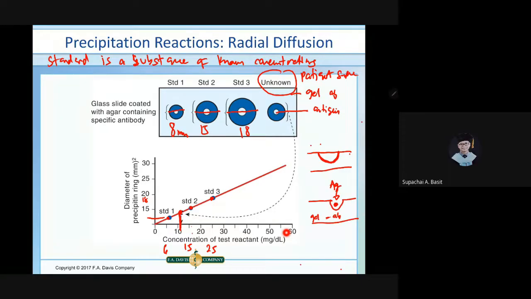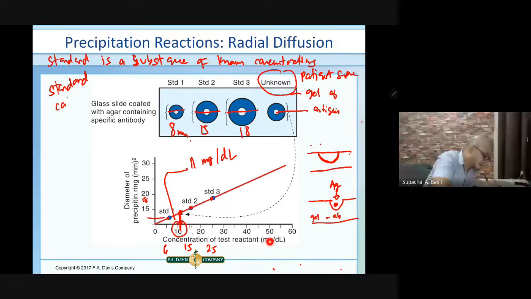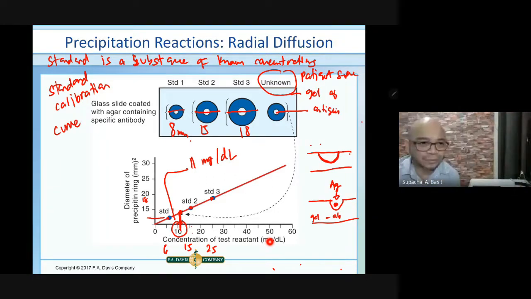So most likely, the concentration of the patient is 11 milligrams per dL. Okay? So this particular graph is what you call the standard calibration curve.